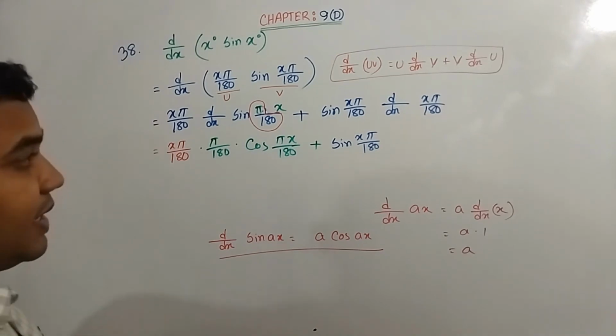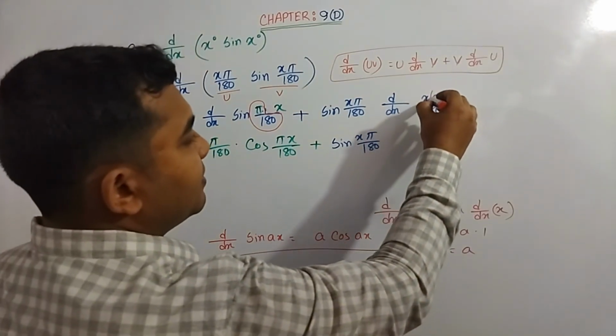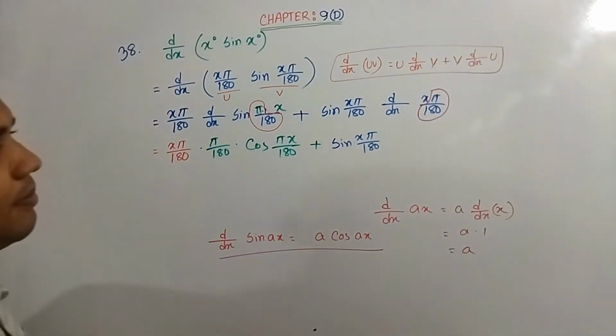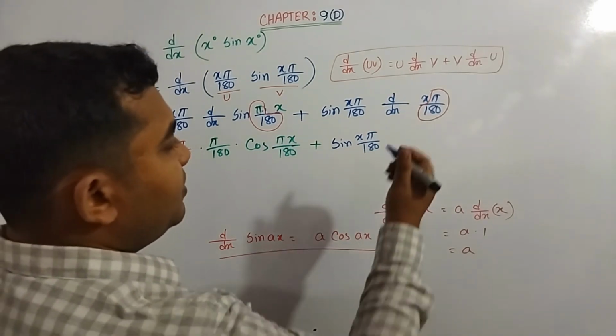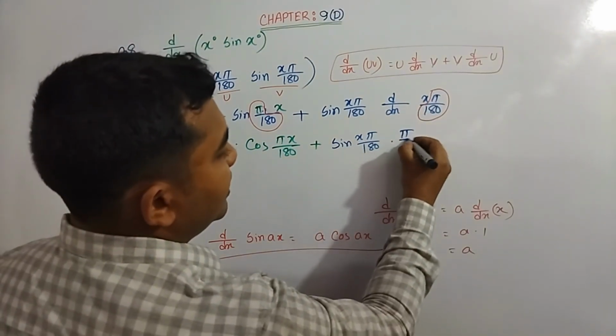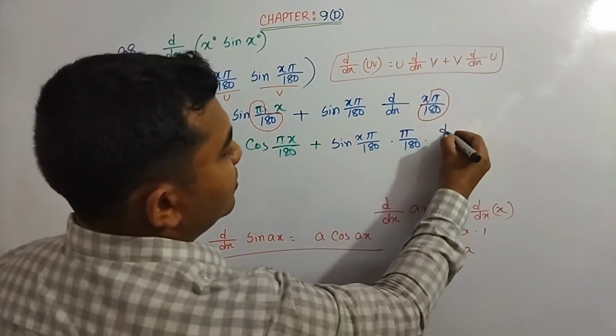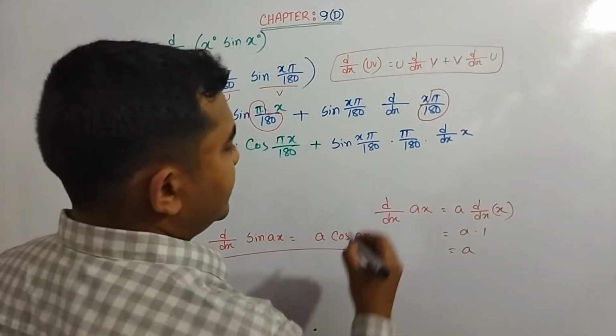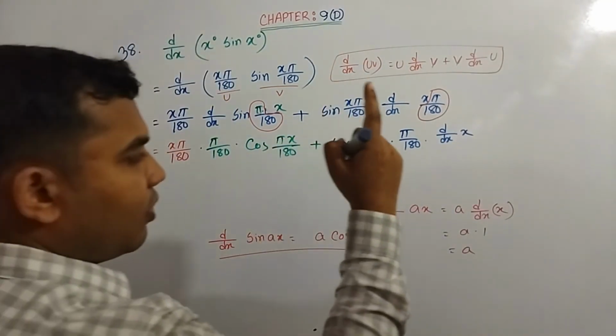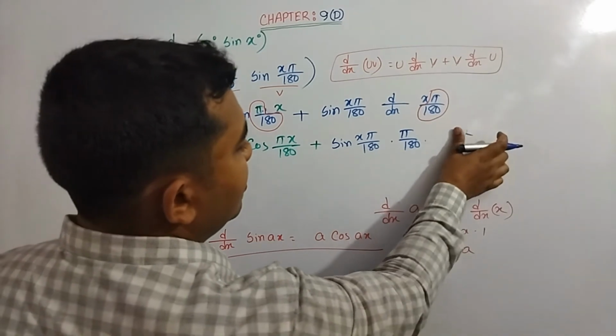So here a means pi by 180, so it should be pi by 180 into d/dx of x, and you all know this is nothing but 1.